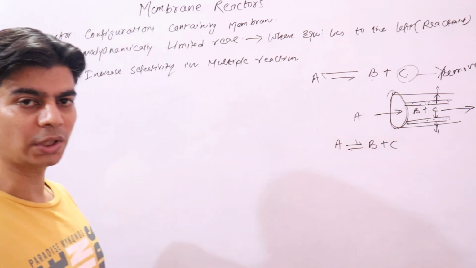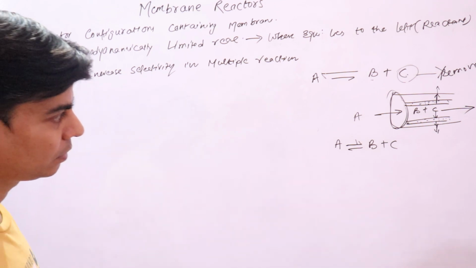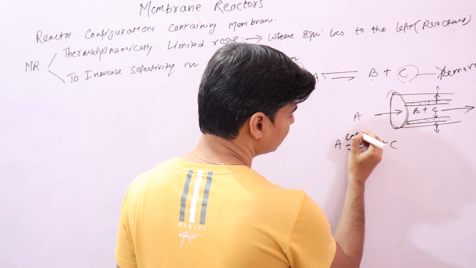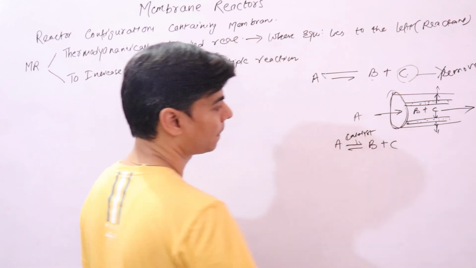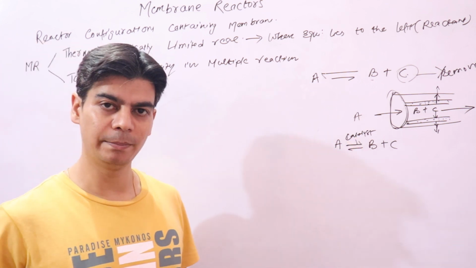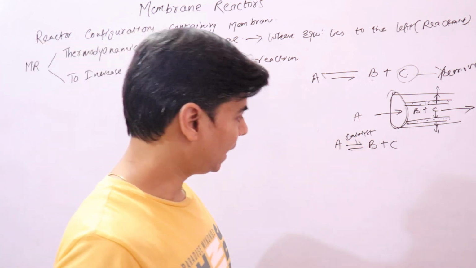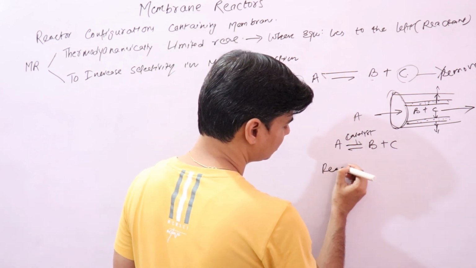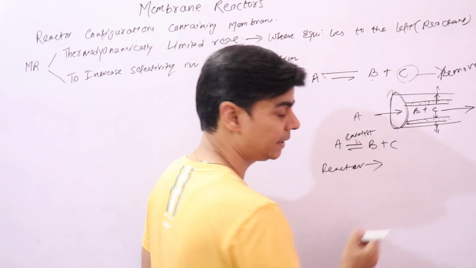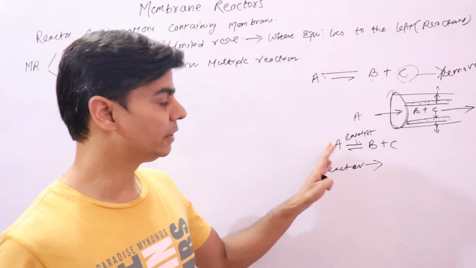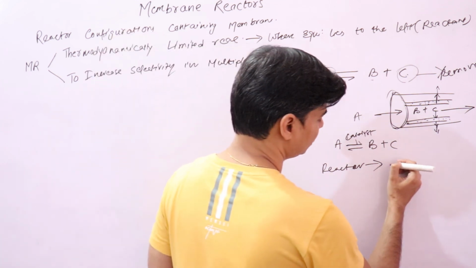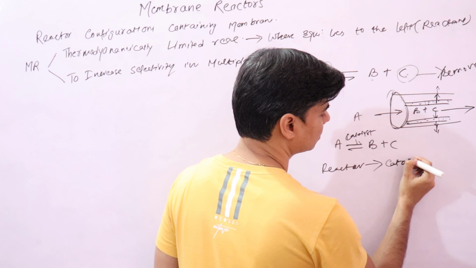Now you have two types of membrane reactors, right. This reaction may contain a catalyst also. Depending on the catalyst, you have two types of membrane reactors. There can be a reactor that contains catalyst with the feed, that means with the reactants.